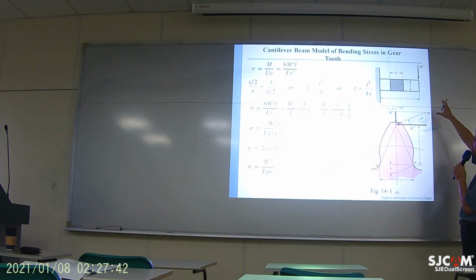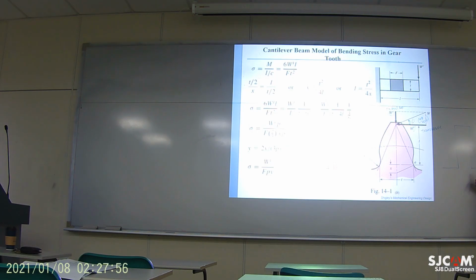Over here on the top, there is a cantilever model, but it's being rotated by 90 degrees. So actually, it's like a cantilever. If you draw this cantilever in the same orientation, we just treat the tooth as a rectangular cantilever.